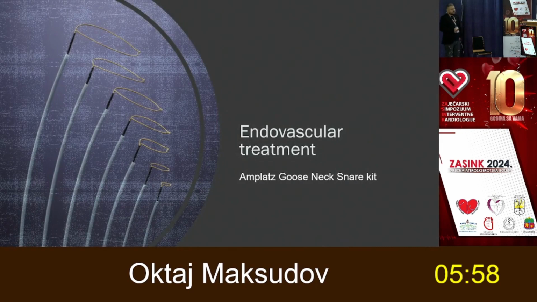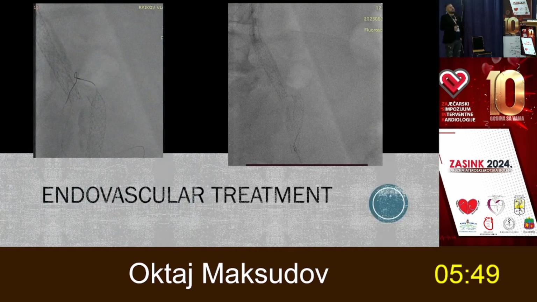So we went back to a gooseneck snare kit. We put the snare kit retrograde from the left femoral access. We put a coronary wire that made a couple of loops in the large pseudoaneurysm, and we tried to catch it with the snare from the retrograde access, just to make a way to put another stent there.